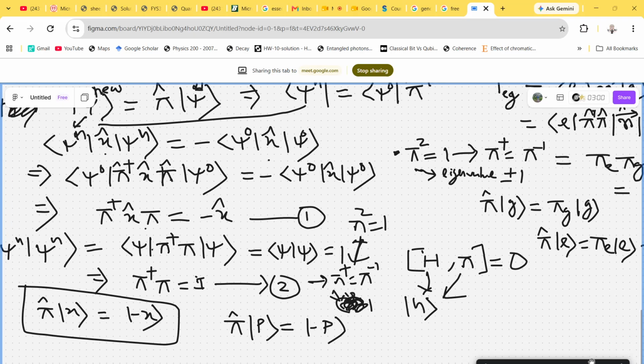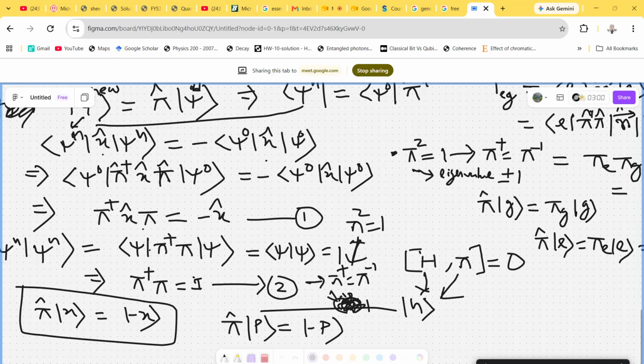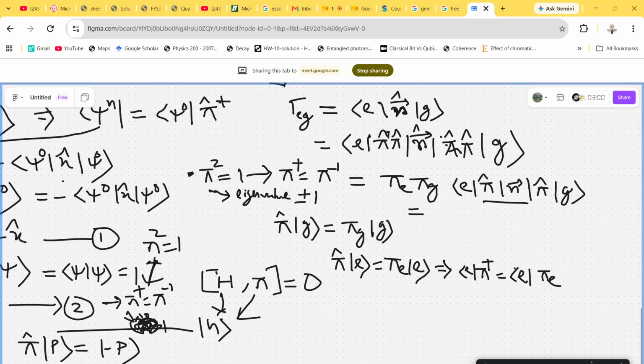So pi cap x equals minus x, so pi cap R equals minus R. So one minus sign will come. So pi cap R will become minus R.